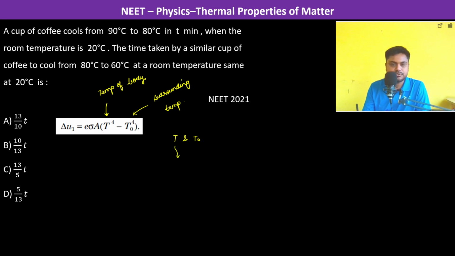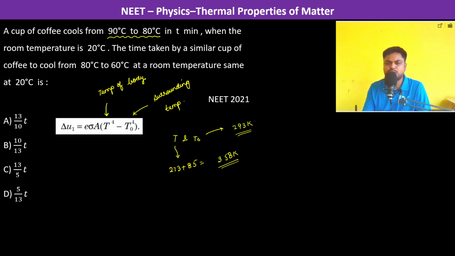the T is, for the first case, the temperature is on an average 85 degrees centigrade, which is 273 plus 85, which is 358 Kelvin, and T naught is 273 plus 20, which is 293 Kelvin.